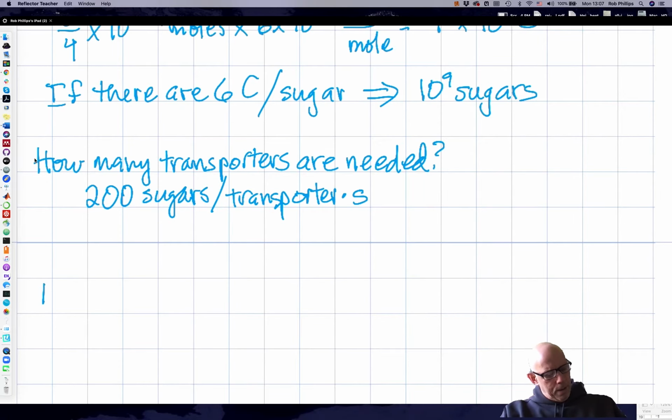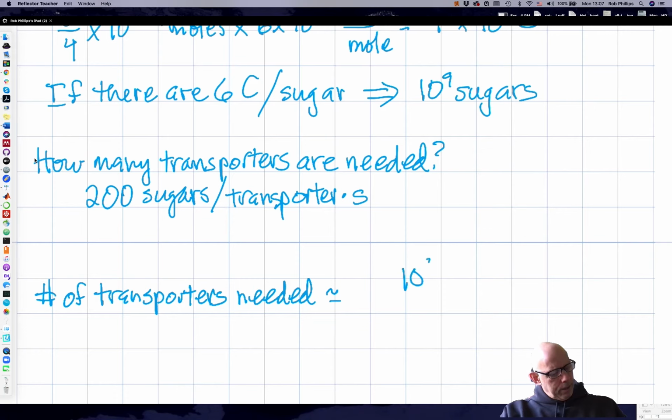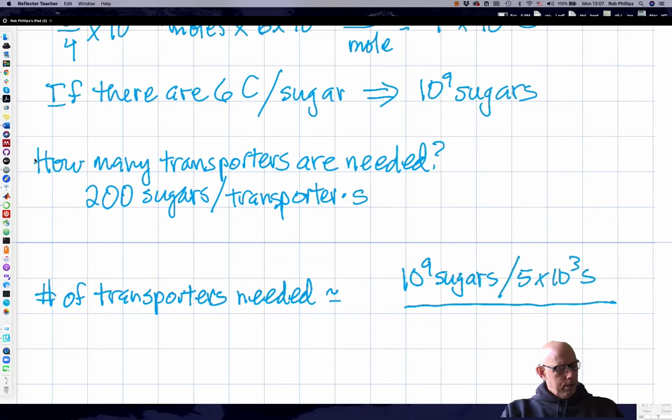And so the number of transporters needed is going to be something like 10 to the 9th sugars divided by, let's say, 5 times 10 to the 3 seconds. And then, so this is the cell cycle time, the 5 times 10 to the 3rd seconds.